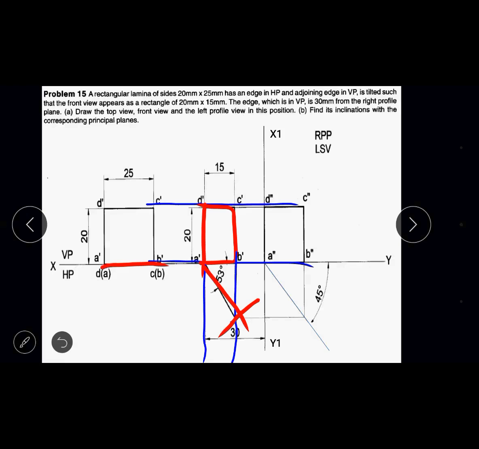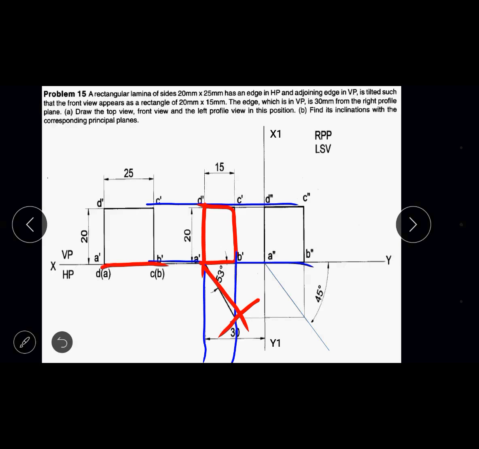So here, instead of a VP angle, the condition that the front view appears to be a rectangle of 20 into 15 is given in the problem.